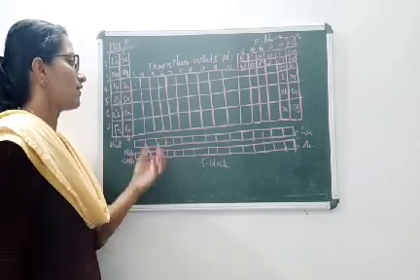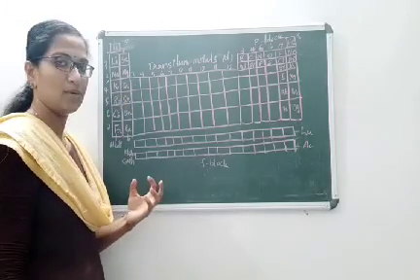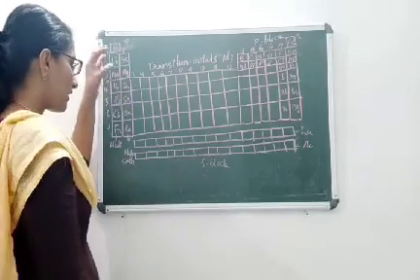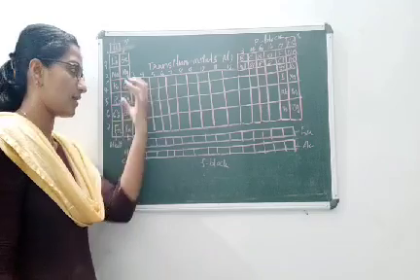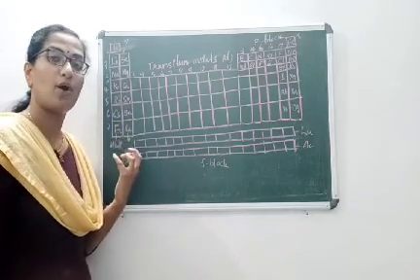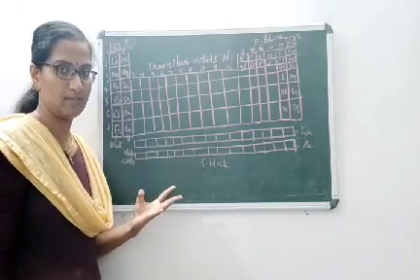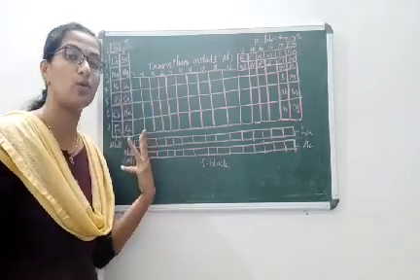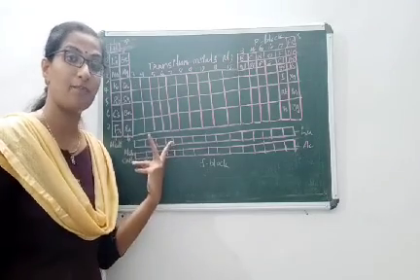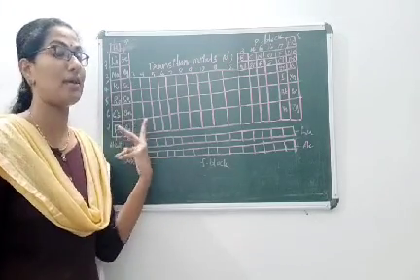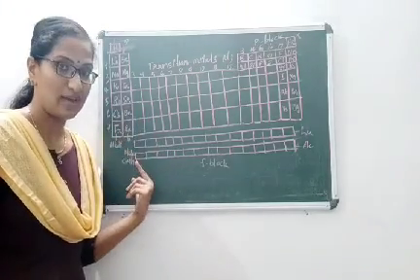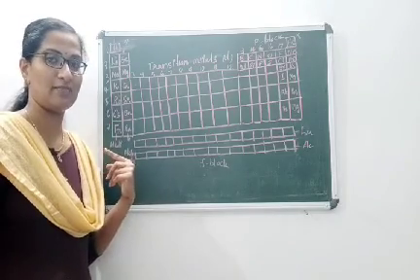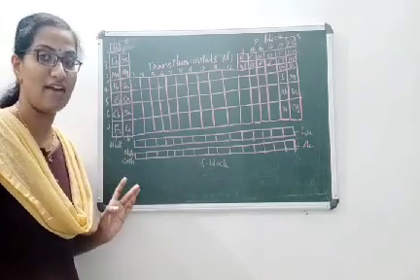Children, when you look at the table group-wise, the properties of the elements in a group will be similar. Elements in the same group have similar chemical behavior, and also a similar valency.